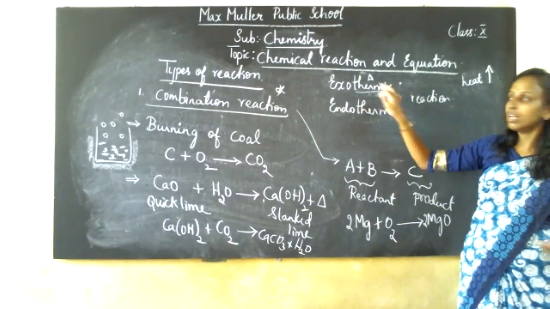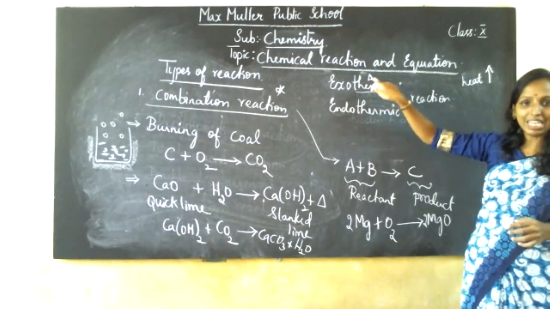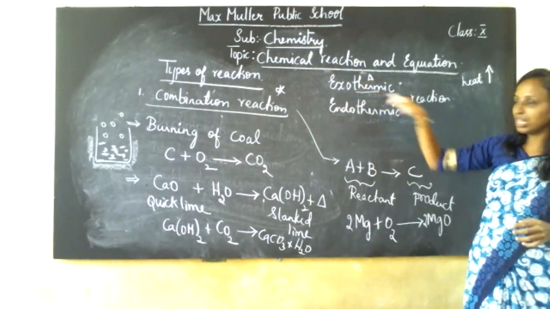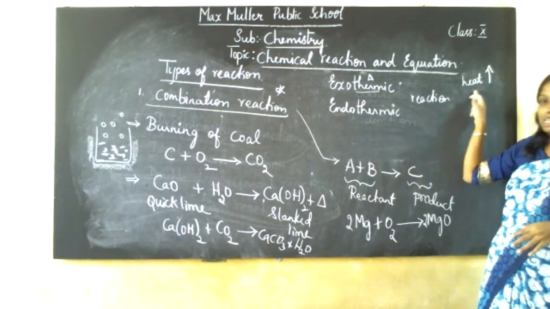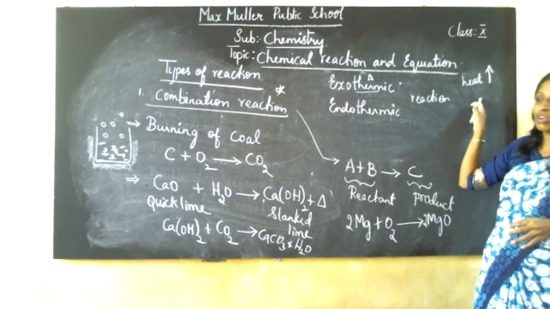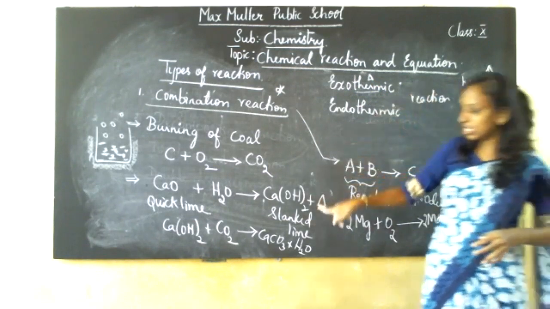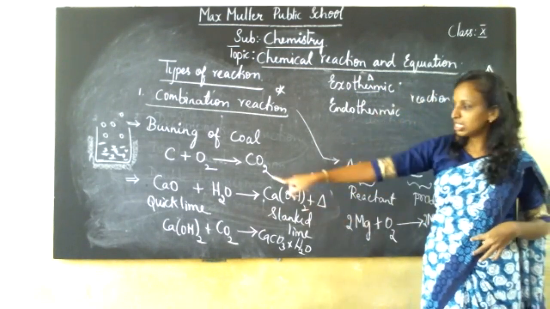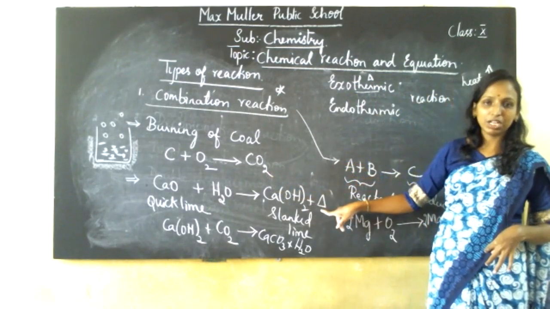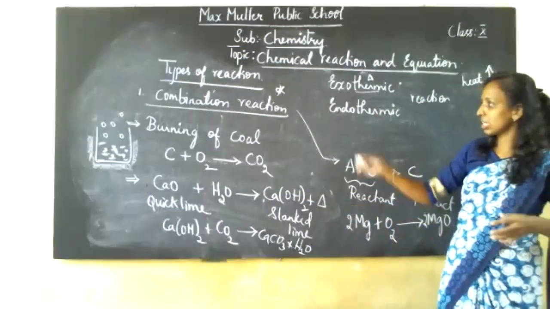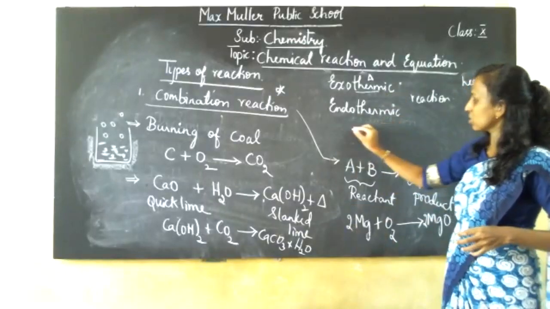What is liberated? Thermal, that is heat. So an exothermic reaction is one in which heat is liberated. See, this is an exothermic reaction: CaO plus H2O gives Ca(OH)2 plus heat is liberated. So it is an exothermic reaction. I can give you another example for exothermic.